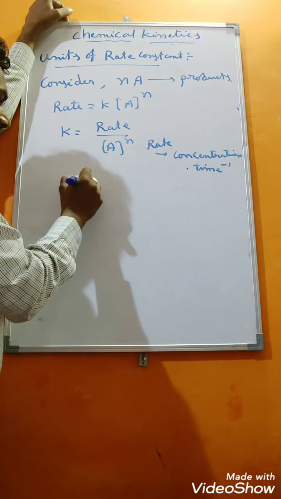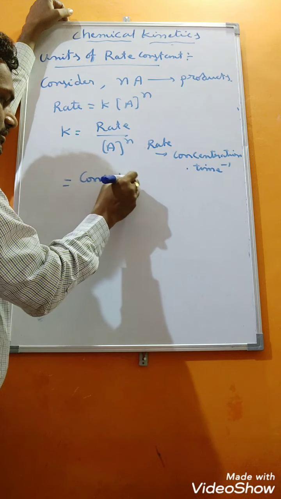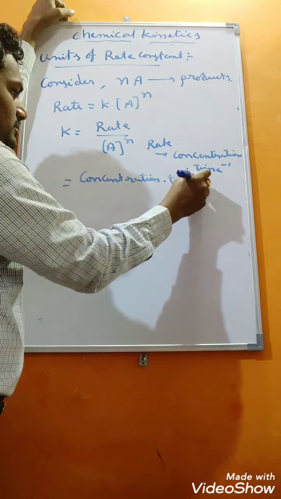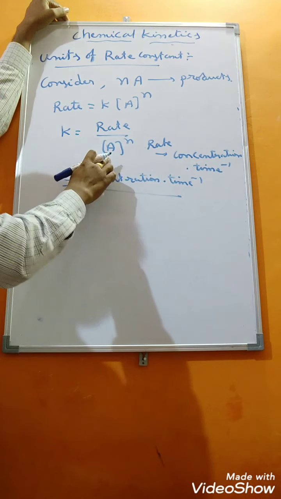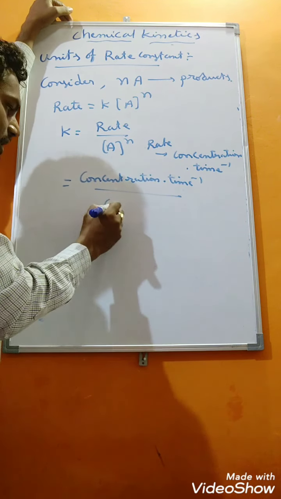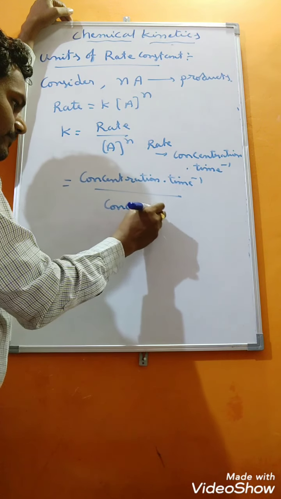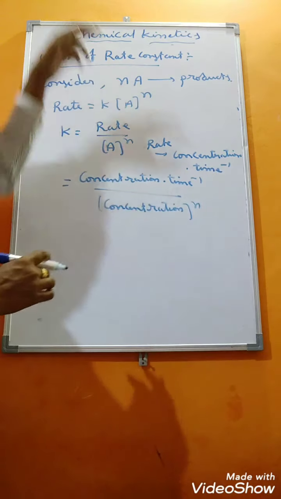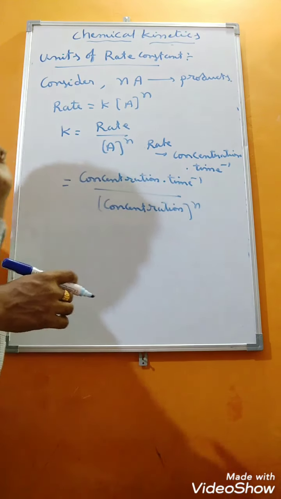That you take here: concentration time inverse divided by concentration of reactant A, concentration whole power n. Here, where no power is written for concentration, power 1 is there.